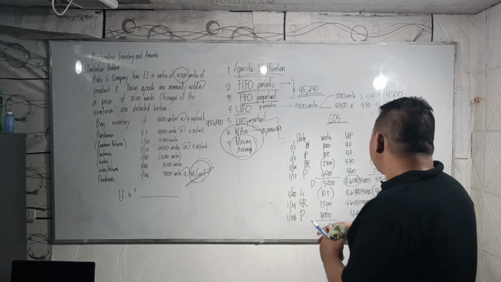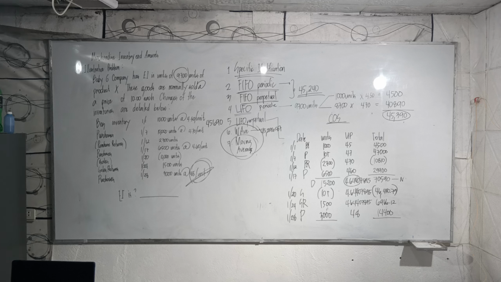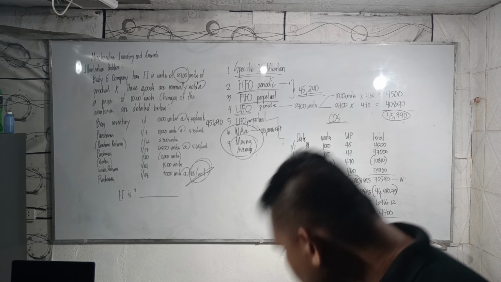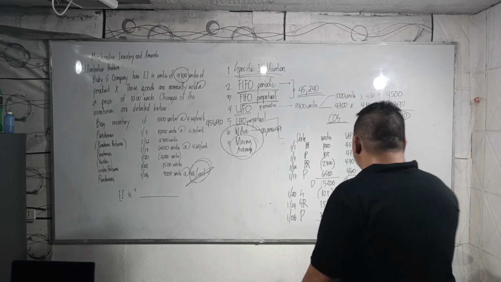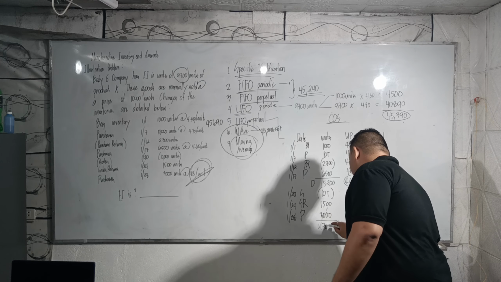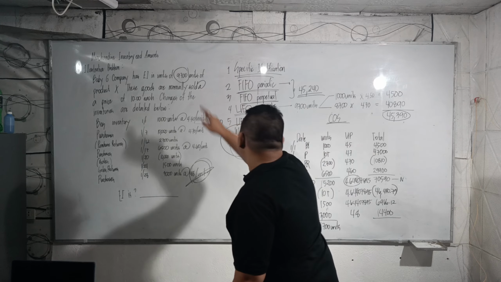So, from the total 15,200, we sold 10,000. So, minus 10,000 plus 1,500 because of sales returns plus 3,000. You'll have 9,700 units. Which is actually the same with what is stated in the problem.